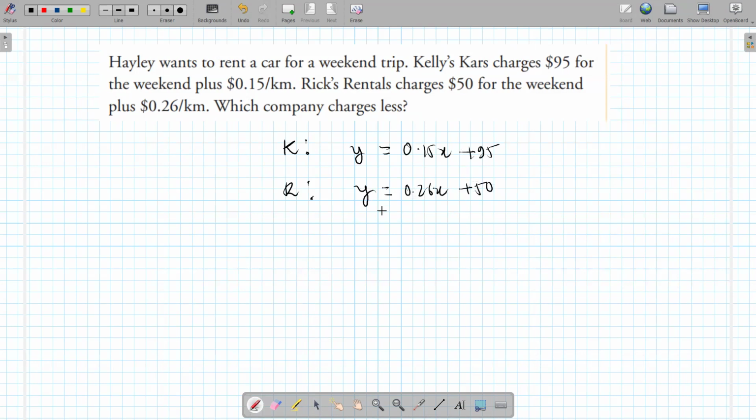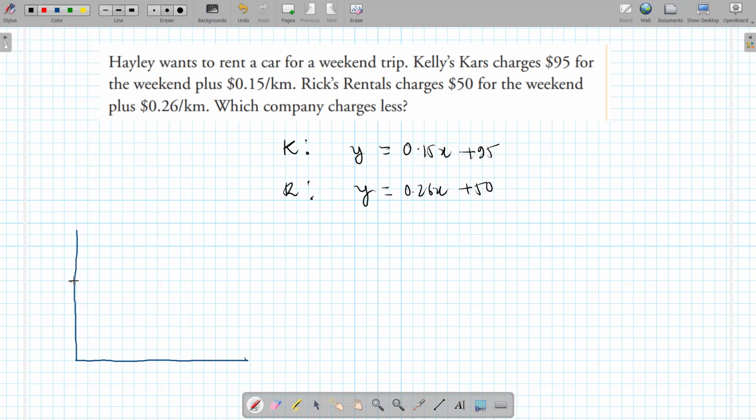All right. Now the question says, which company charges less? How do we determine which one charges less? Let's think about it in this way.